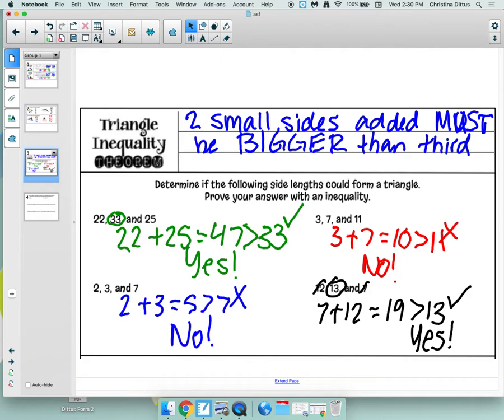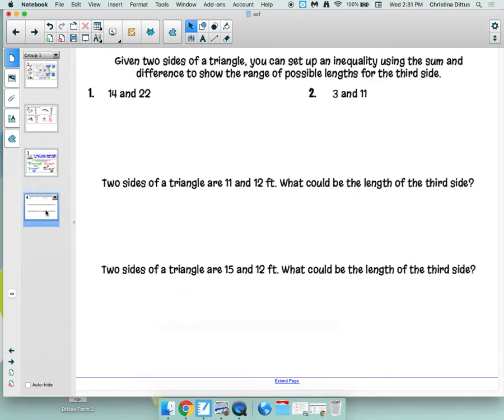Okay. Very last topic. Figuring out a range of possible answers for the third side. So instead of going through this whole thing of the two numbers having to be bigger than the third, solving for x, there's a super simple way. Ready? The two sides you're given, we're going to subtract them.